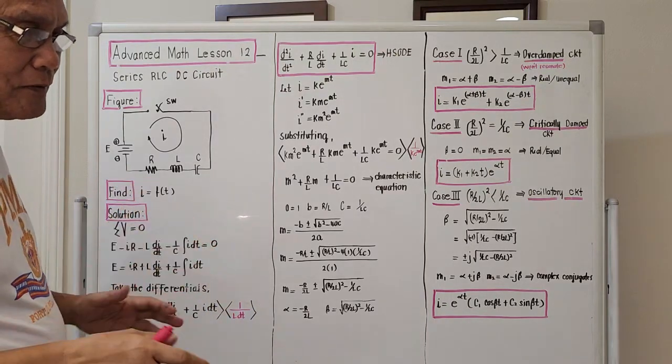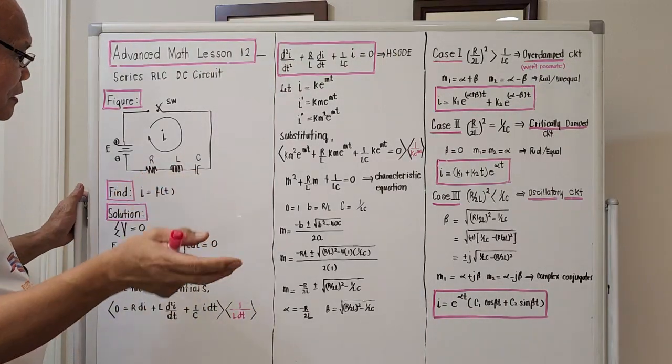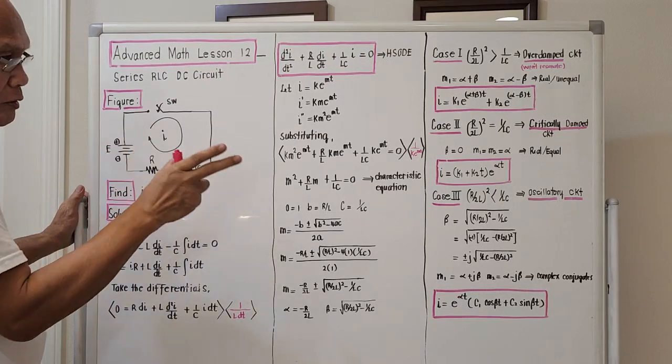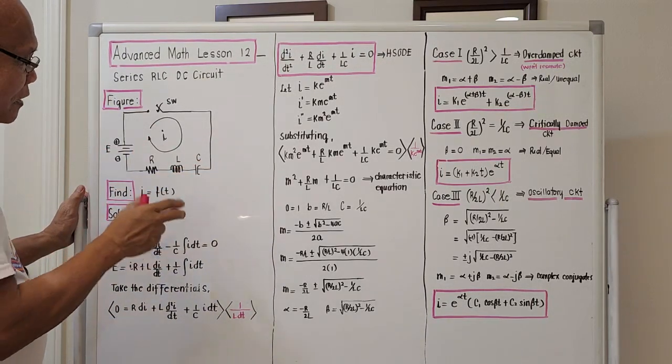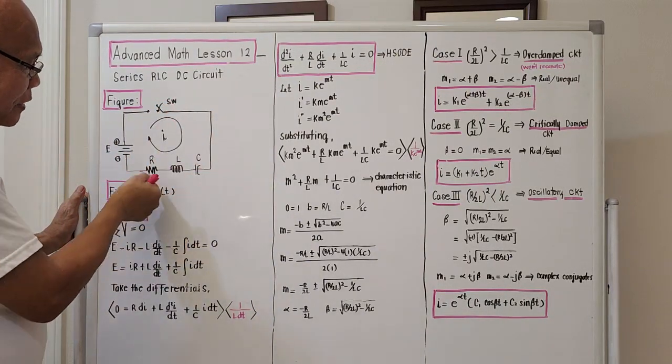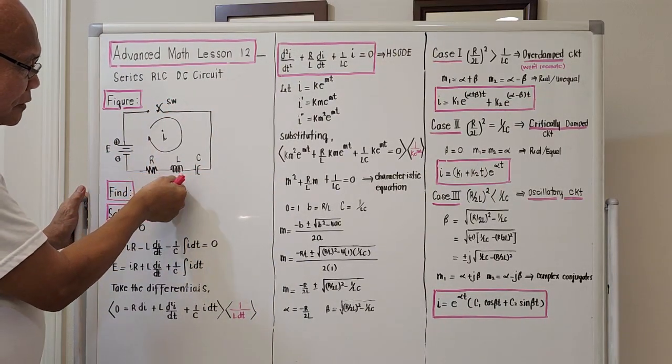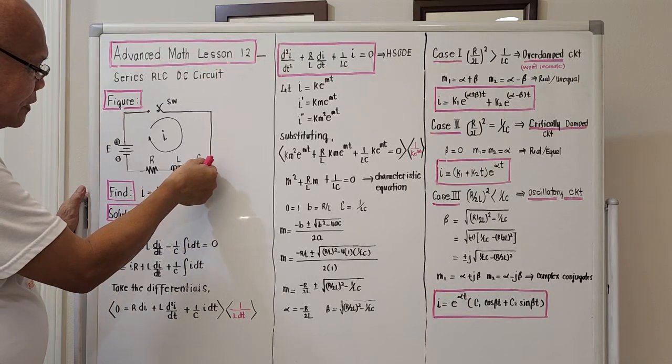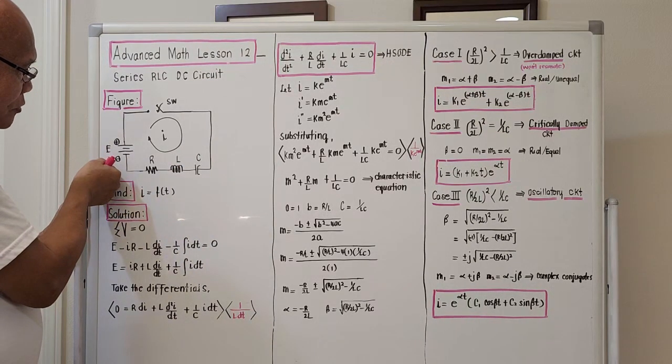So we are having a problem. The given problem is something like this. The connection of the three components is series, and the components are resistance, inductance, and capacitance energized by a direct current source.